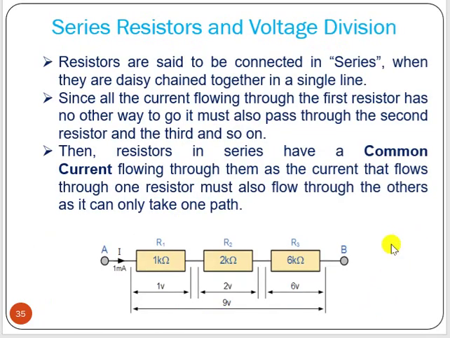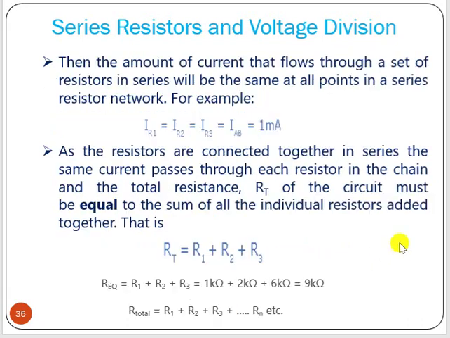Now, series resistors and voltage division. Series resistor means whenever the resistances are connected in series, we simply add. That means equivalent resistance is R1 plus R2 plus R3.